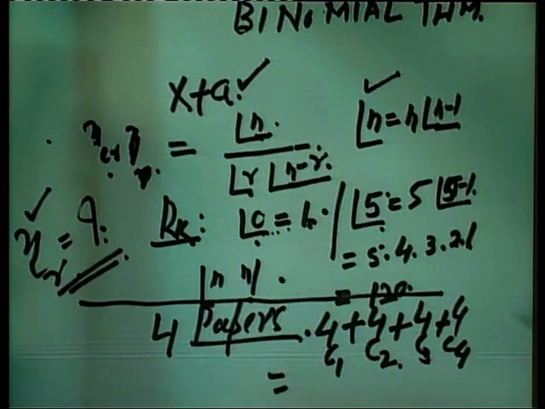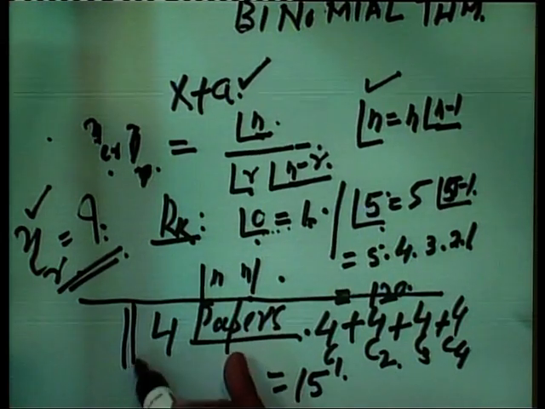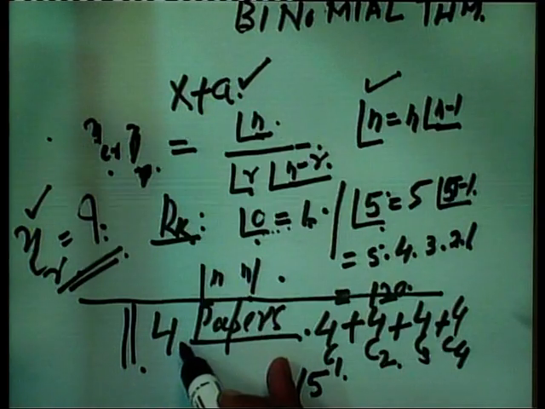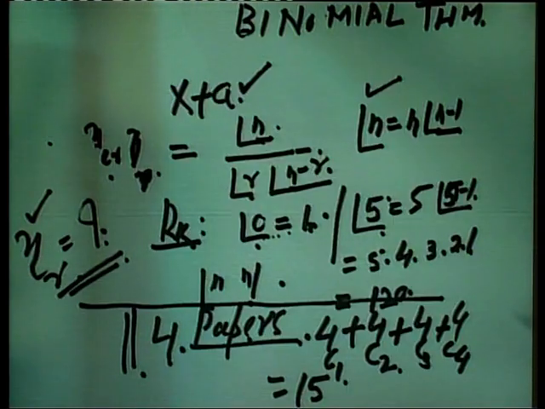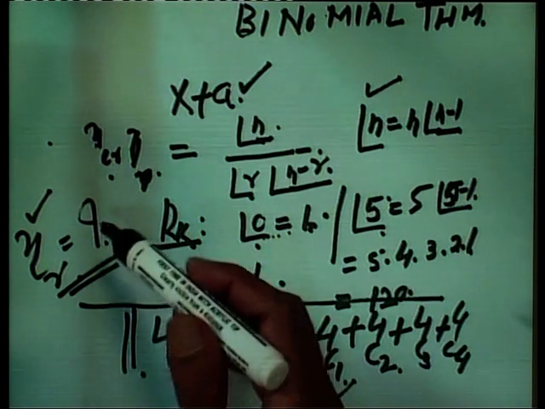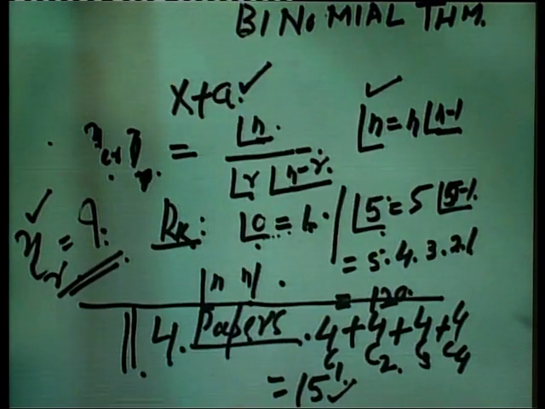If you calculate it, then you will get the number as 15. That is, if the examination has 4 papers, the number of ways you can fail in that examination is 15. So, that is just a simple consequence of this notation.